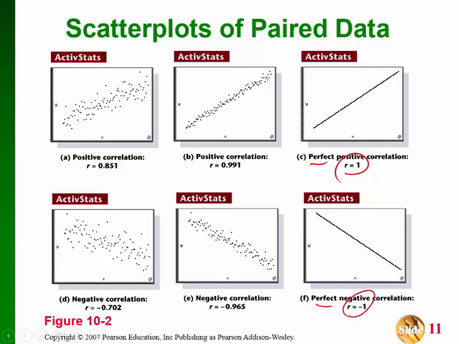Now, negative or positive just tells you the slope, which way it is going. The way to look at the slope is that if you go from left to right and you see that you're moving up, then it's a positive slope. If you go from left to right and you see that your graph is moving down, then that's negative. So that's the difference between positive and negative.